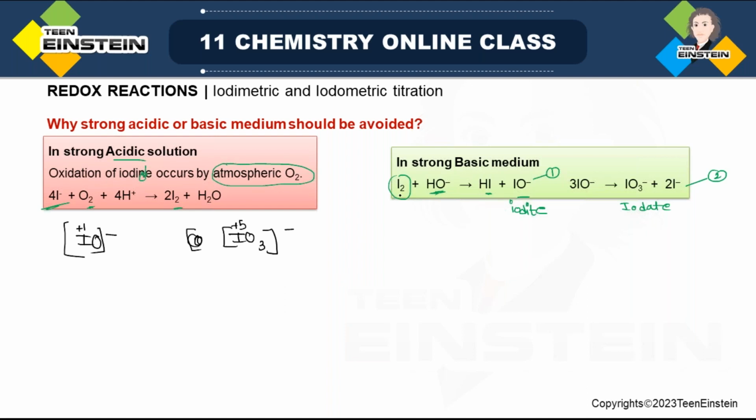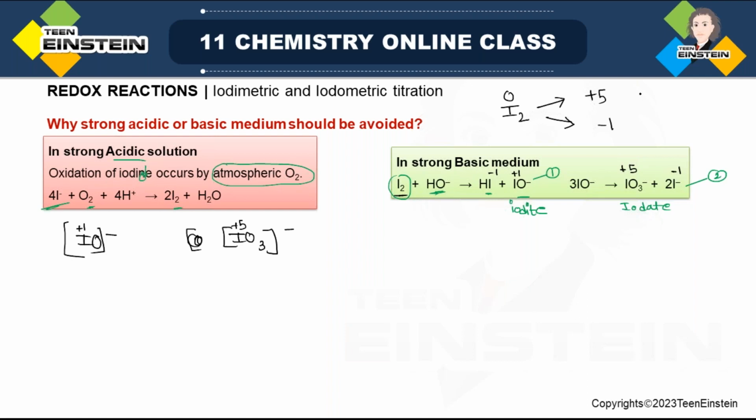Now basically what happens, iodine is converted to I of -1 as well as +1. And if you consider this reaction, it is -1 and +5. So this is basically disproportionation, because iodine with oxidation state 0 is converted to +5, loss of electrons, and -1.